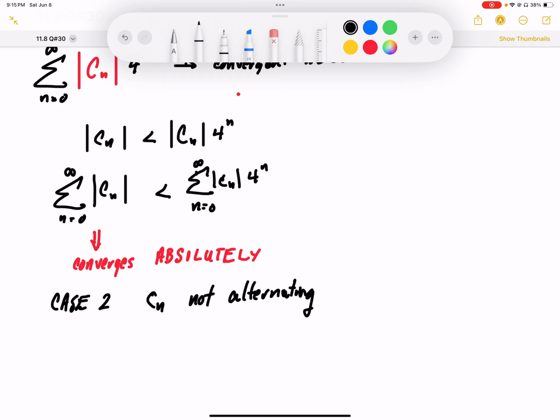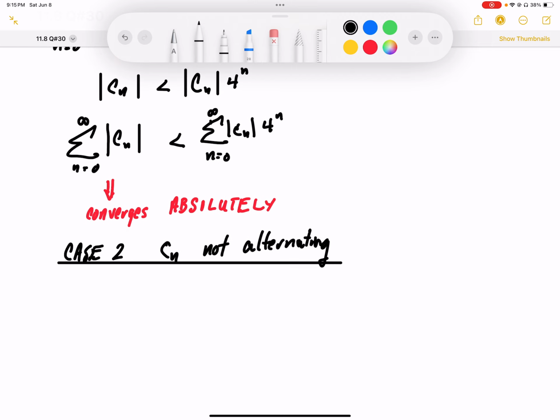That means that we've already proven that Cn converges absolutely, so we know that this Cn is convergent absolutely.